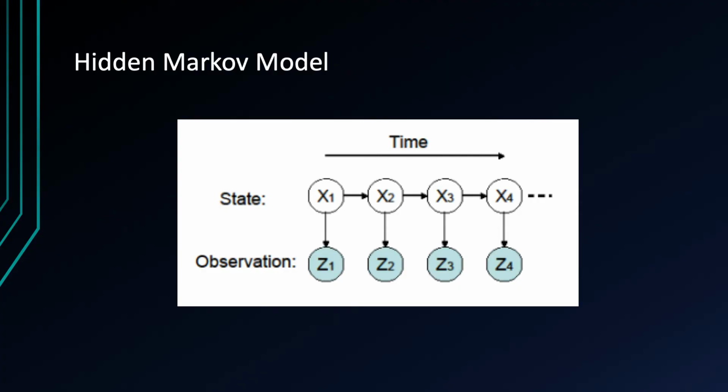So how do we overcome this? Well, we use something called the hidden Markov model. And as I showed you here, the hidden Markov model, you may or may not have learned it, but it's a standard model to take into account time, right? And so you can see here that the system goes through a sequence of states over time. You can see X1, X2, and so on.